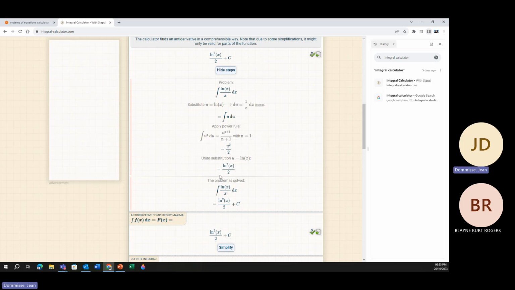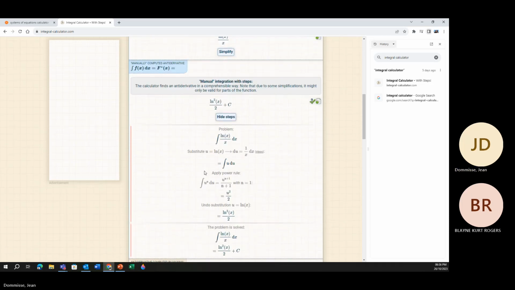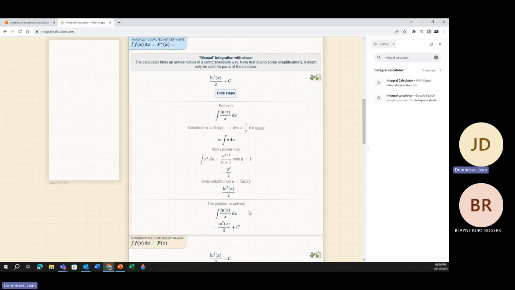Then again, if you look at that, it would have been u to the n plus 1 at the top, and at the bottom also the n plus 1. Let's just print screen this and add it for you.